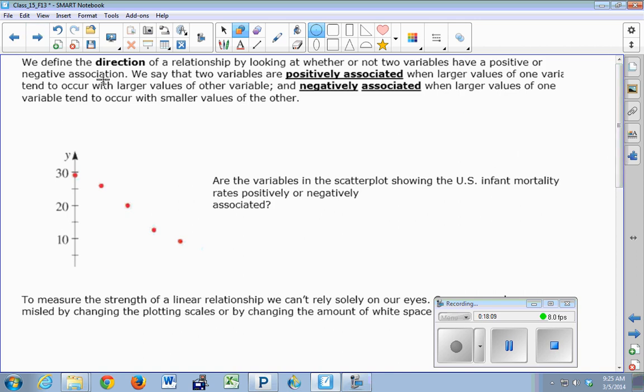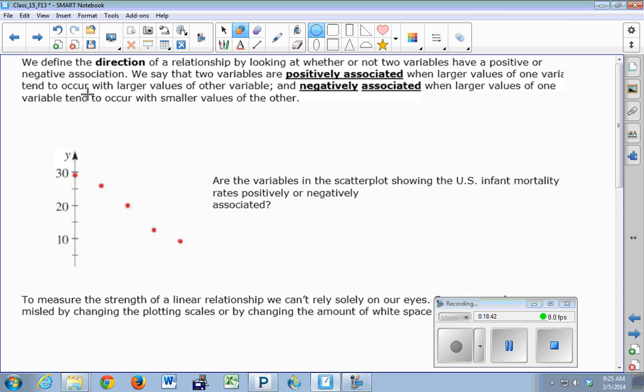Okay, so we define the direction of a relationship by looking at whether or not the variables have a positive or negative association, and this is what Paul mentioned earlier. We say two variables are positively associated when larger values of one variable tend to occur with larger values of the other. They won't always. You could get a point down here that's up here. Something happened in, say, medical research, or there was some epidemic.